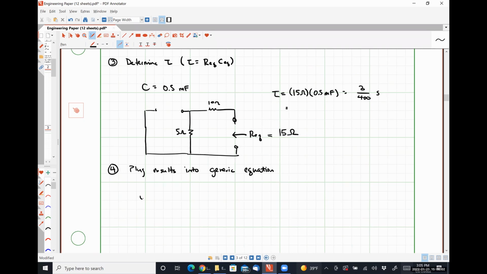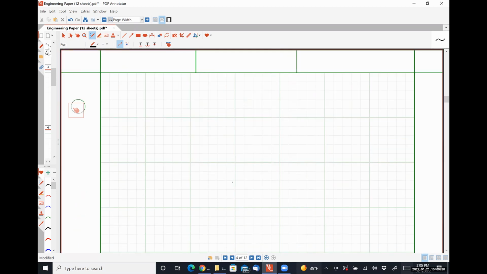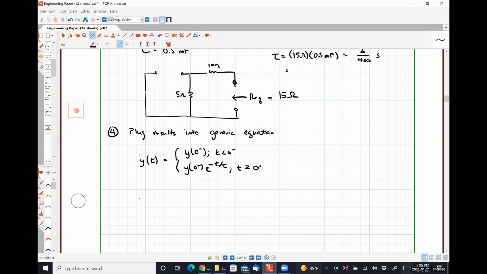So as a reminder, our generic equation is y of t is equal to y at 0 minus, for t less than 0 minus, and y at 0 plus times e to the negative t over tau, for t greater than or equal to 0 plus.